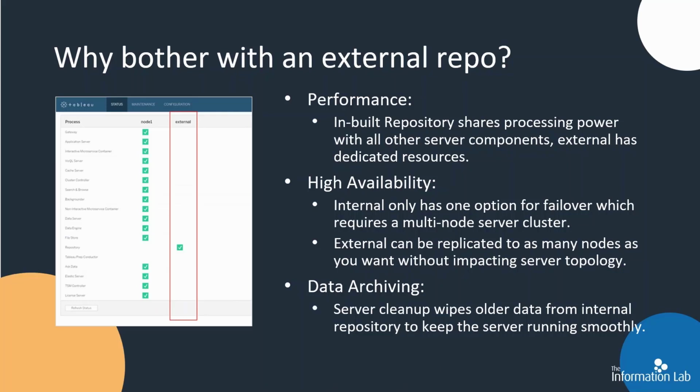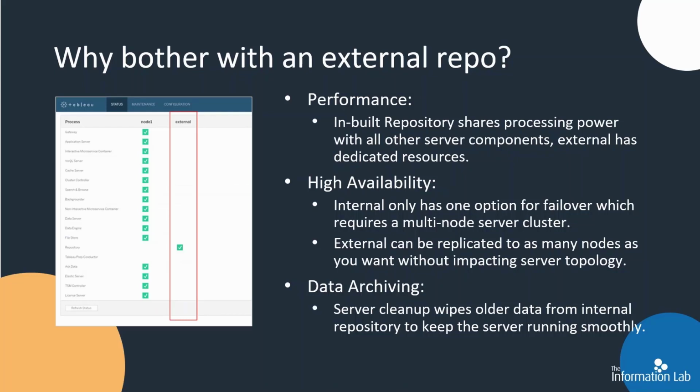Lastly, kind of related to performance in some way, by externalizing your repository, you can make it easier to keep your old data archived. So best practice with your internal repository would be to run server cleanup processes roughly every week or so to clean out old data that is stored in the Postgres repository.